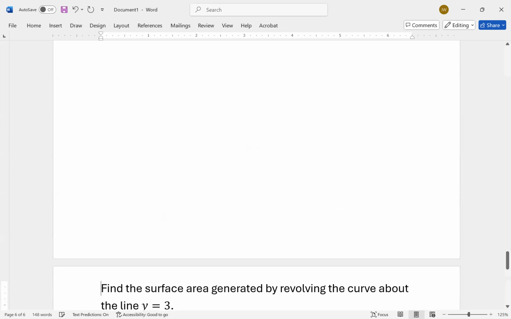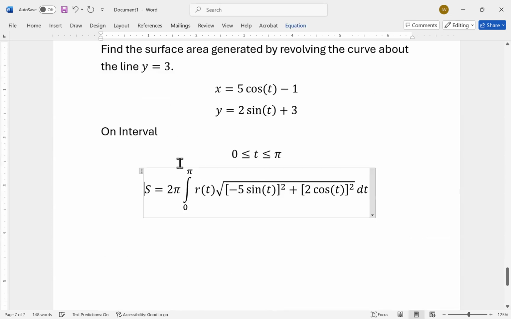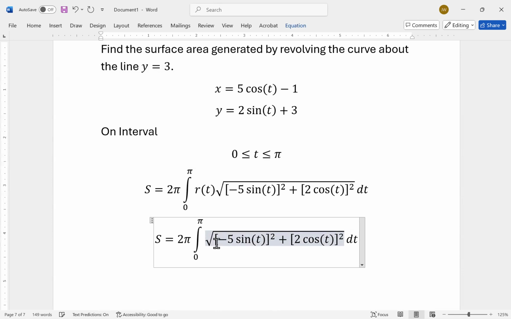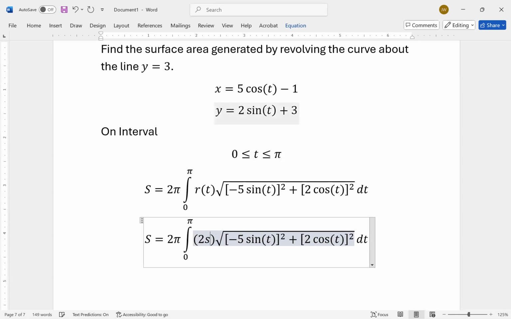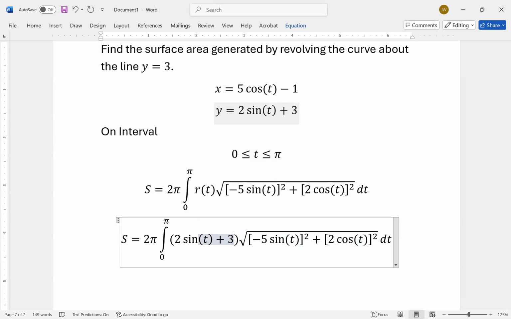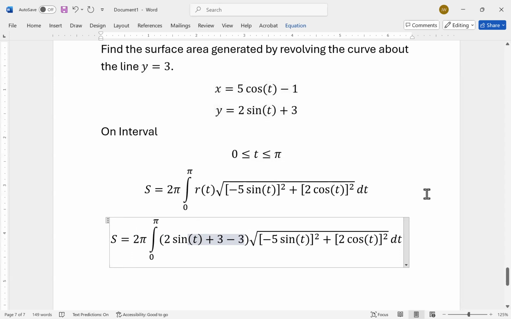In other words, that radius is going to be my y values, 2 sine of t plus 3, down to y equals 3, which is minus 3.